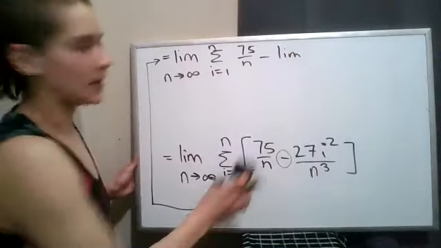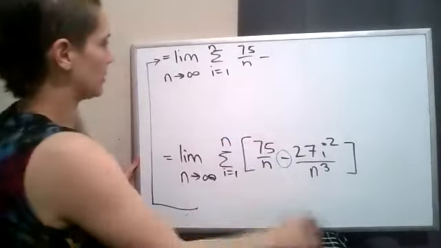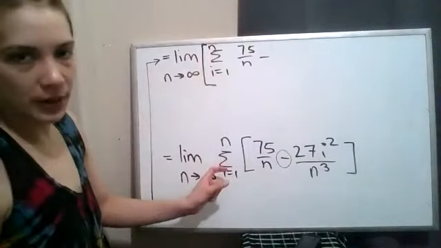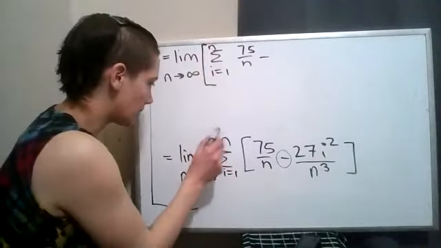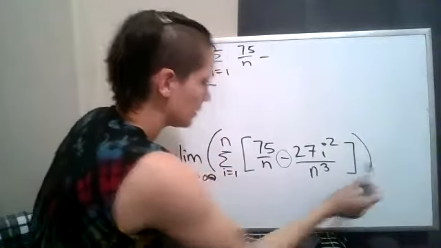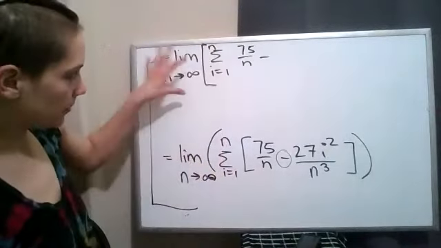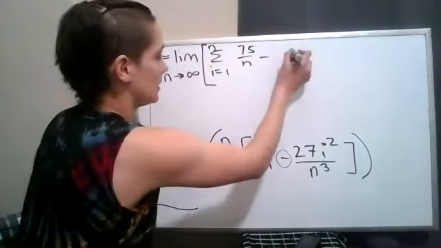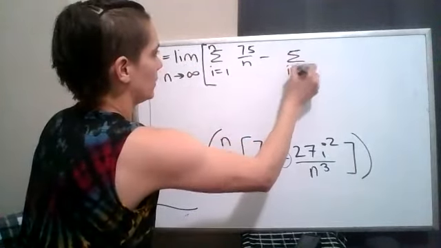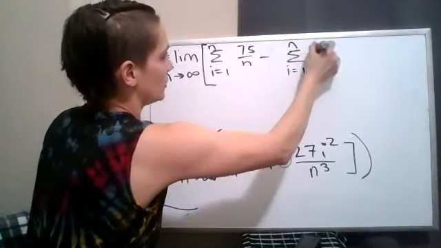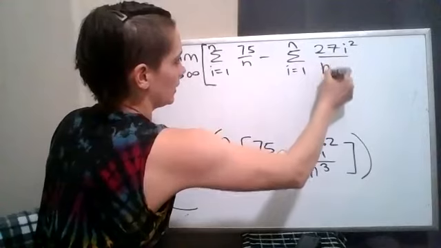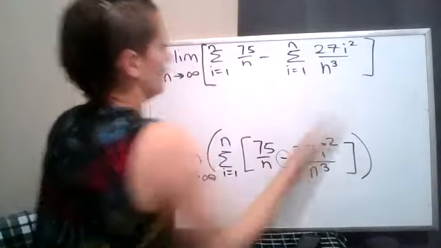Actually, we don't need the limit twice. So what we're going to do is have the limit out here just one time and bracket this. And I just want to break up the sum part. So I am going to leave this here. Sum of that minus the sum from i equals 1 to n of the 27 i squared over n cubed. Okay, cool.